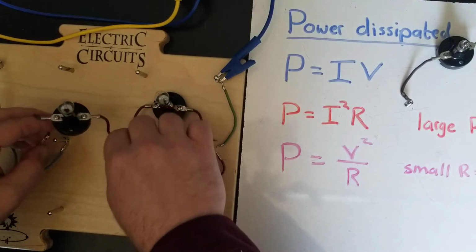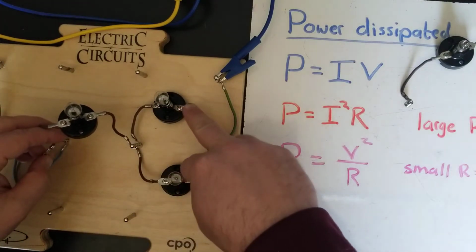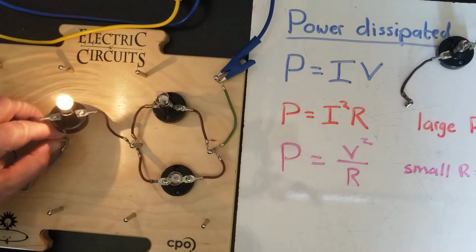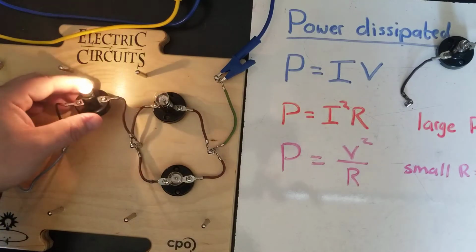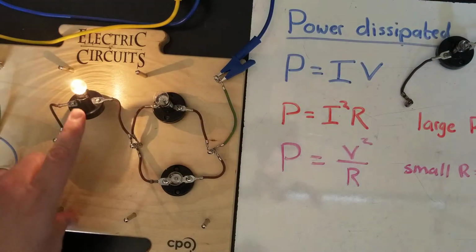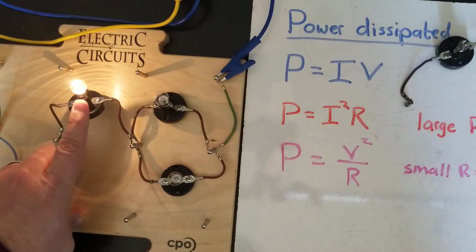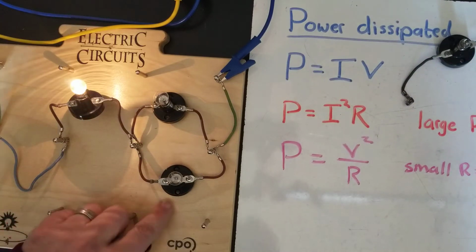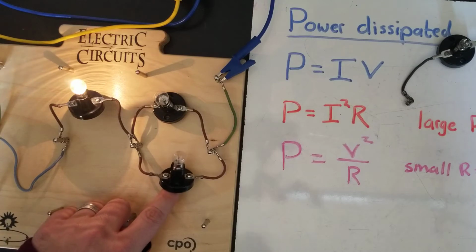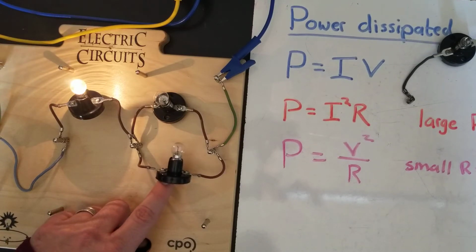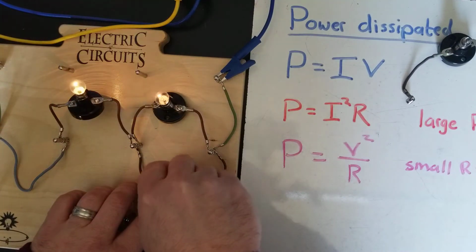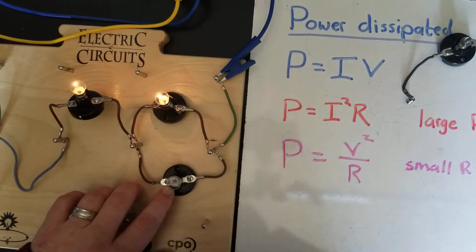So that current has to go through this bulb and then is split between these two bulbs. So notice that when I did that, this bulb is medium bright, and these two bulbs are not very bright at all. In fact, they're so dull, dim, whatever you want to say, that you can't even see that they're on. They are on, and in fact, if I unscrew this one, you'll notice that this one got brighter.